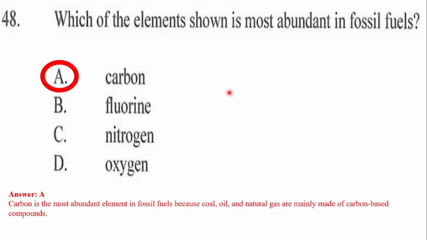So the correct answer is definitely going to be A, carbon.